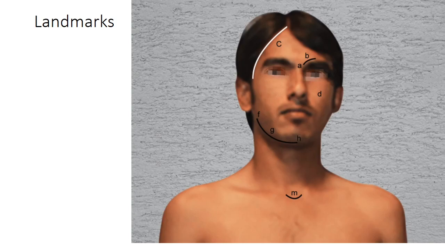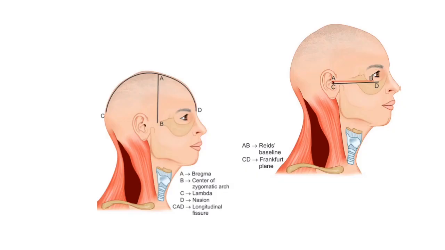Now we have important structures like Reid's baseline, the Frankfurt horizontal plane, and the longitudinal fissure. If we see, that is the Reid's baseline, this A and B you can see.